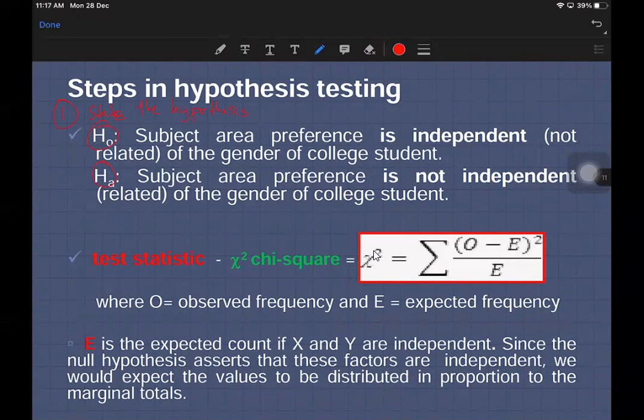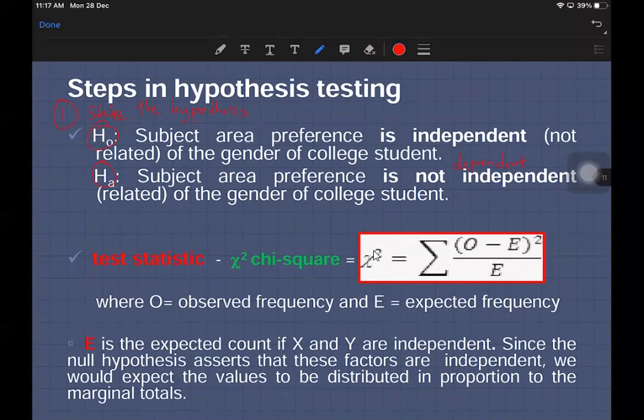The null: subject area preference is independent, not related, or has no relationship with the gender of the college student. Alternative will be there is no independence, or dependent. Meaning to say subject area preference is dependent on the gender of the college student.